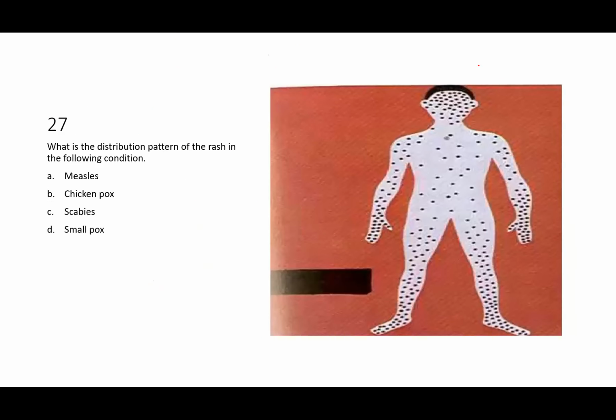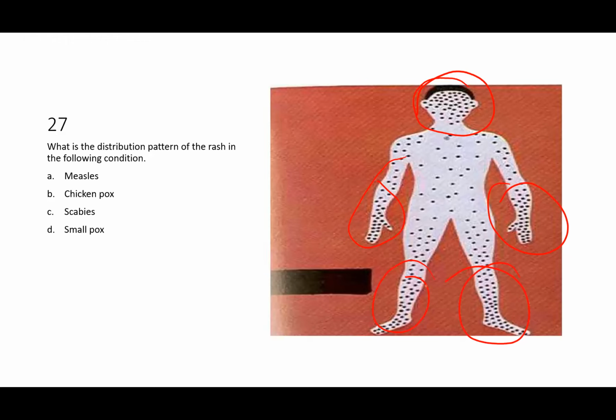Okay. The next question is, what is the distribution pattern of rash in the following condition? Look at the distribution here. You can see it's well concentrated in the face and the distal part of the limbs.